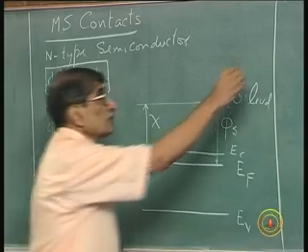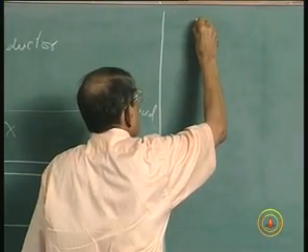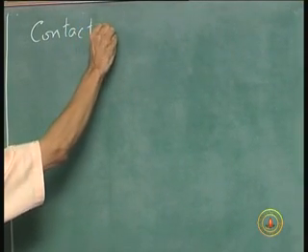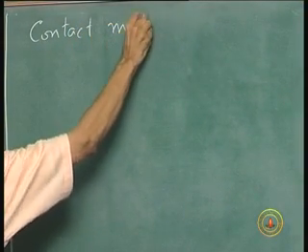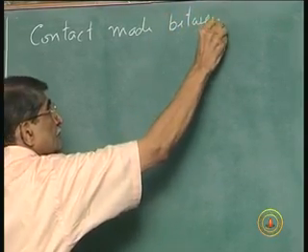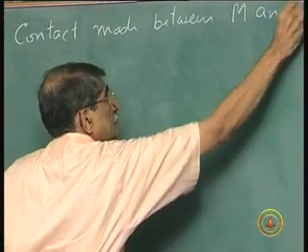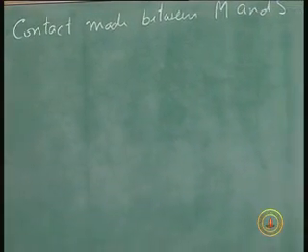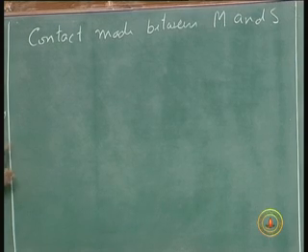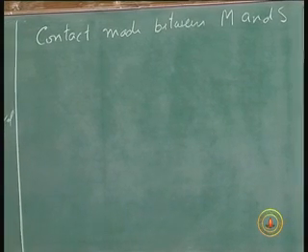So, contact made between metal and semiconductor. Okay. This is a metal and this is a semiconductor. You make the contact. Now, as I mentioned, the electrons will get transferred onto the metal.